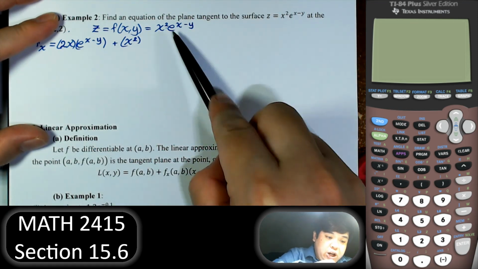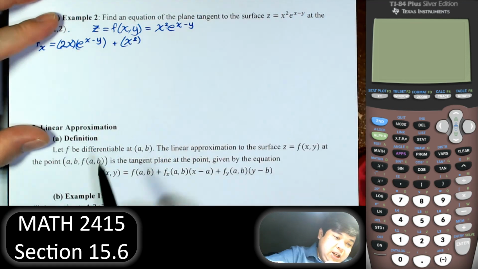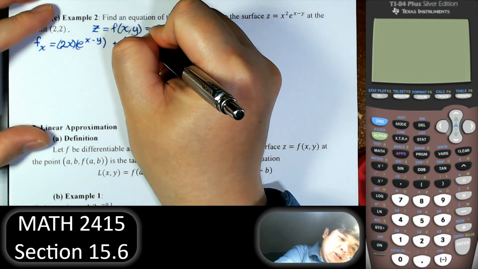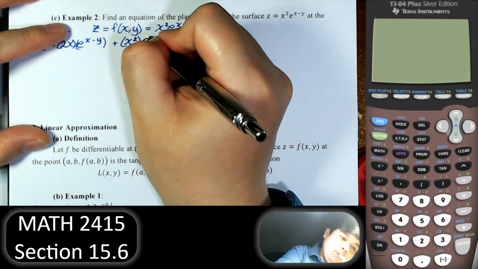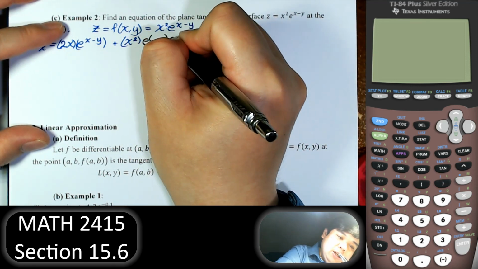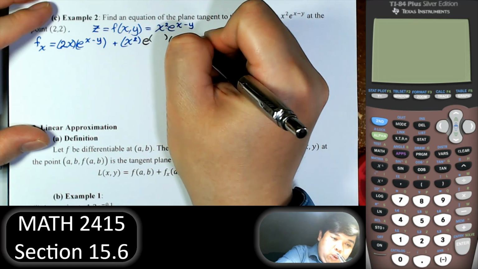I'm going to use the chain rule for that. Derivative of e to something is e to the something, and derivative of that with respect to x.